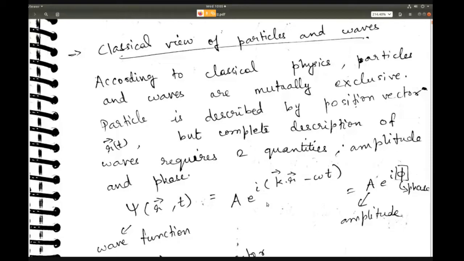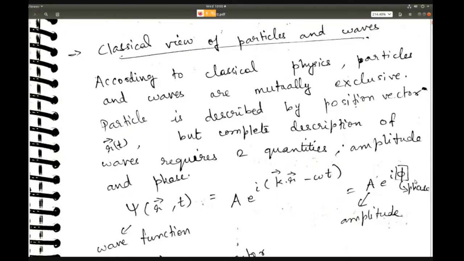So if the wave is dynamic, changing in time, then you need the position vector, you need the wave vector, which is related to the wavelength of the wave, and you need the angular frequency and time. All of this together is the phase of the wave.